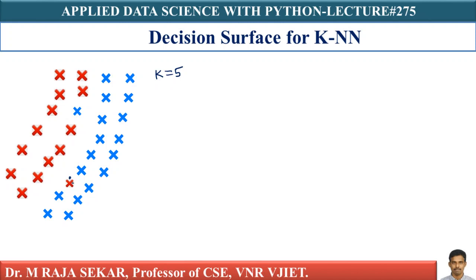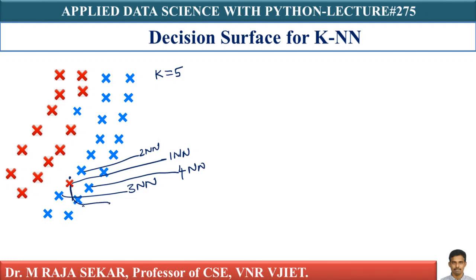This red point is the first nearest neighbor. Let me assume this is my second nearest neighbor. Let me assume this is my third nearest neighbor. Let me assume this is my fourth nearest neighbor. And let me assume this one is my fifth nearest neighbor, isn't it? How many blue points are there?